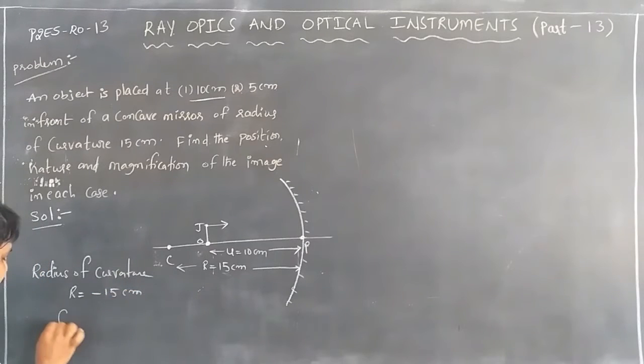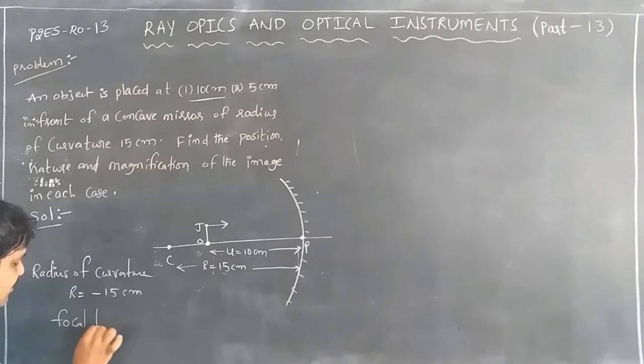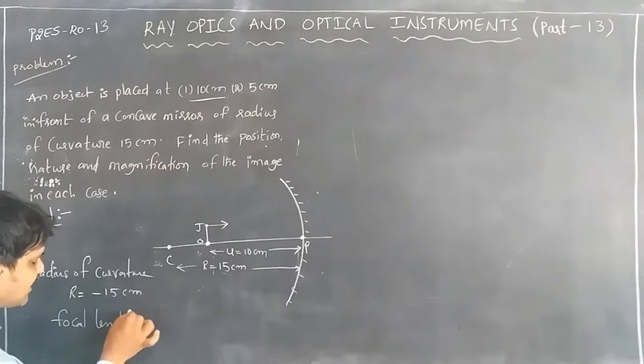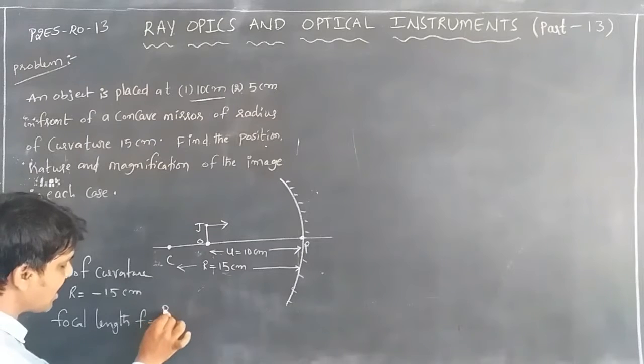To find the focal length, we have the relation between the focal length and the radius of curvature: f is equal to r by 2.